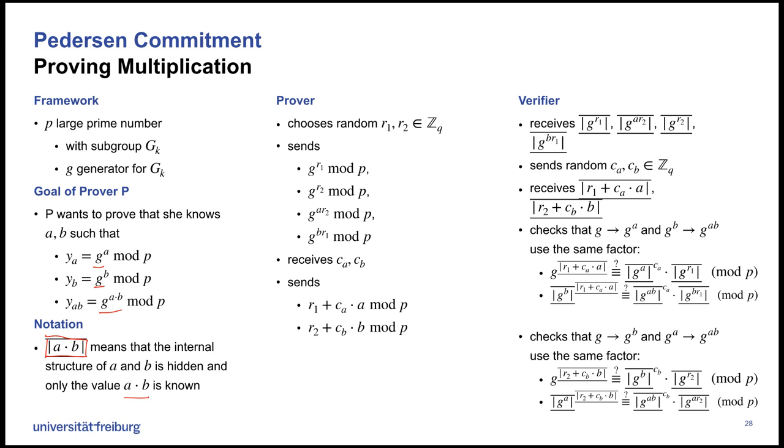So we do the following. We choose random numbers R1, R2, and we send some kind of values: G to the R1, G to the R2, and then strangely G to the A times R2 and G to the B times R1. So this wouldn't give away any information unless you can compute the discrete logarithm.